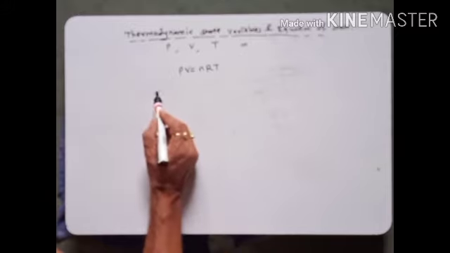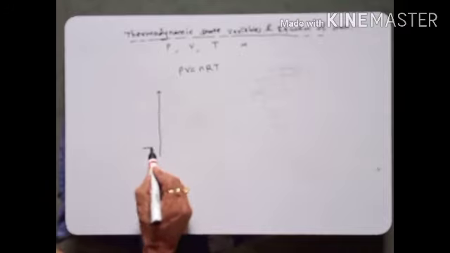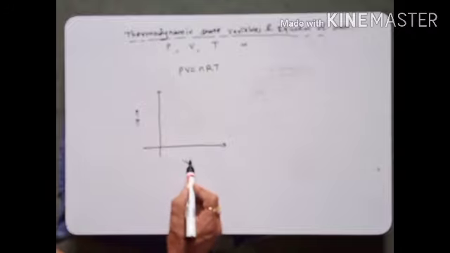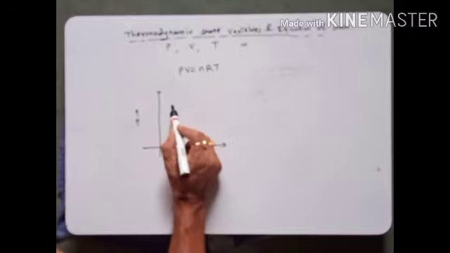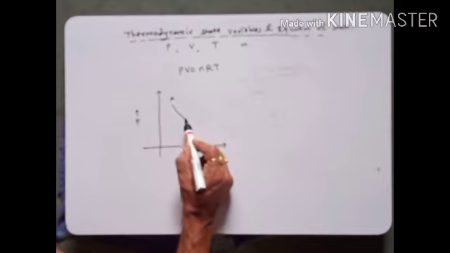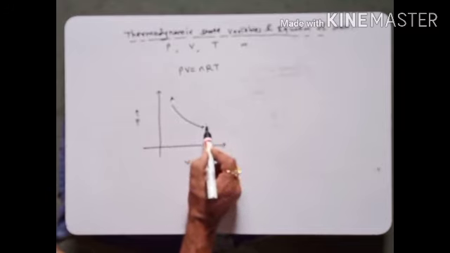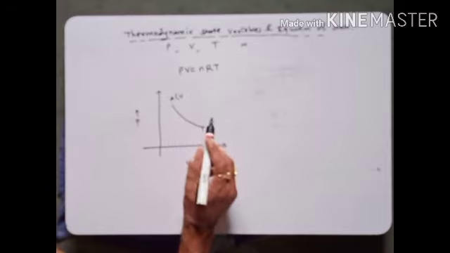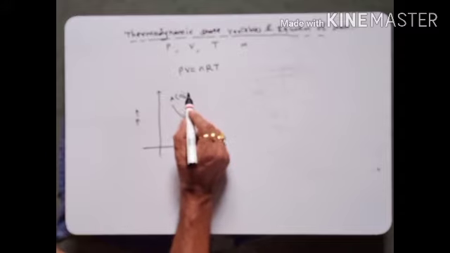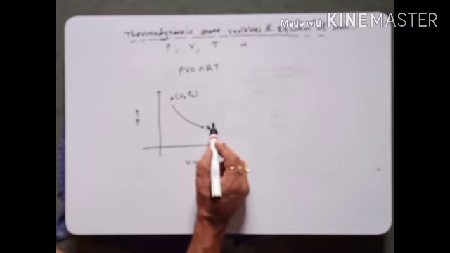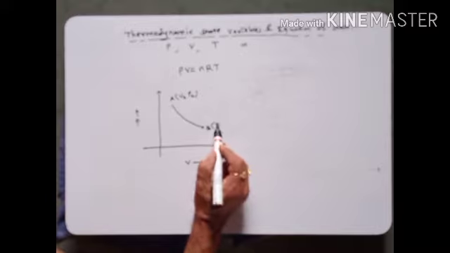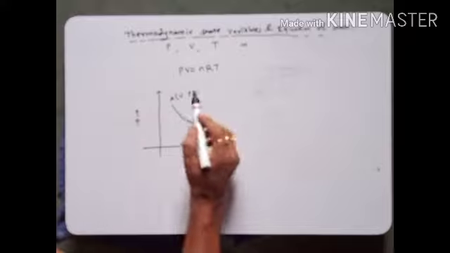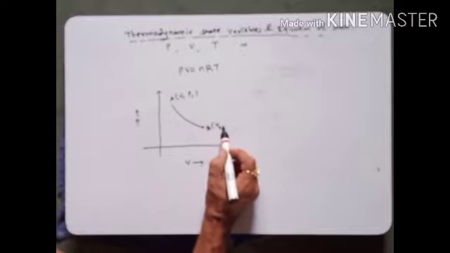And if we represent graphically, suppose this is the graphical representation. Here we take pressure, here we take volume, and suppose this is state A, it comes to state B. Here we write initial V1 P1, and final V2 P2.